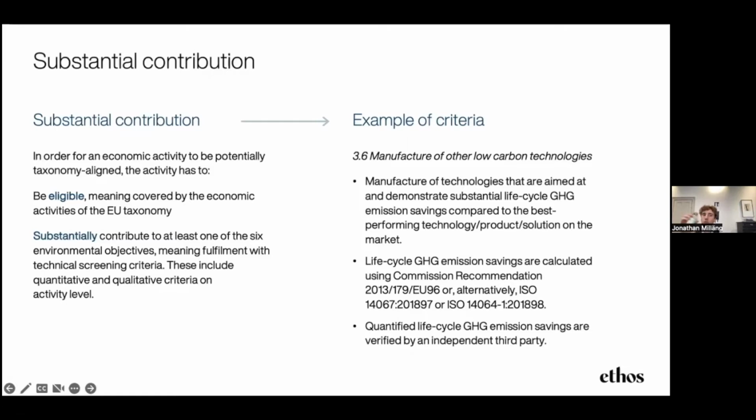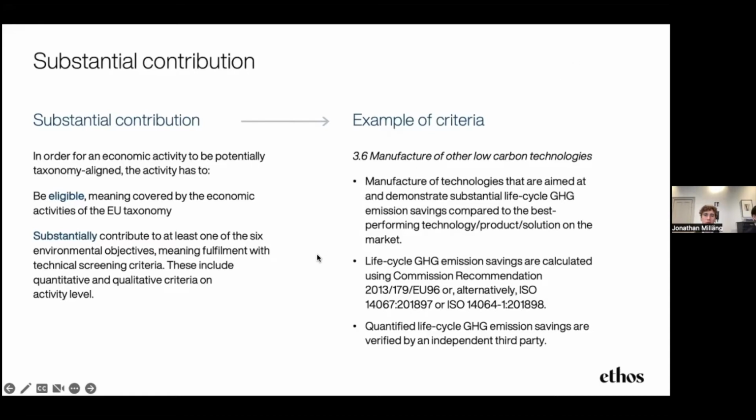The next step is to look through the screening criteria and determine if you can align your company activities with the EU Taxonomy. And to the right, we have an example of what the EU Taxonomy can look like, what you need to comply with as well.